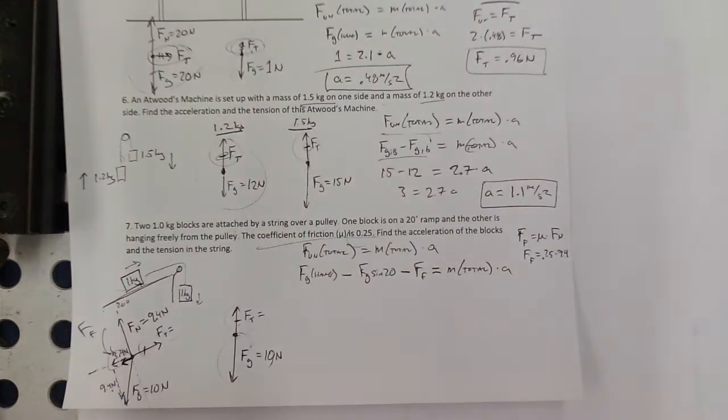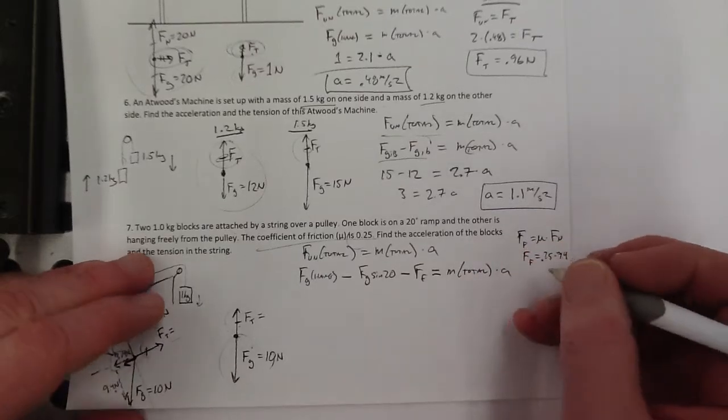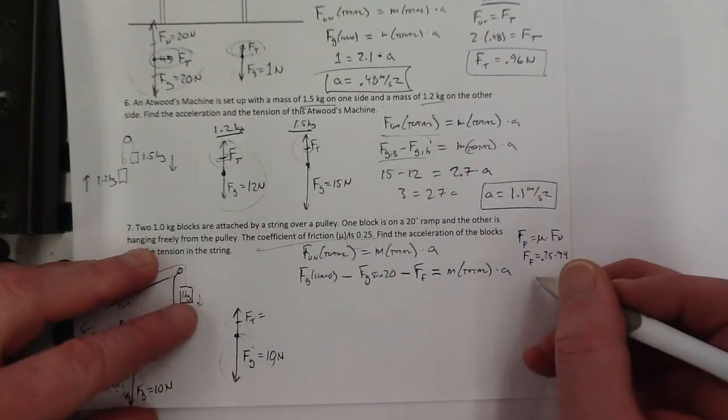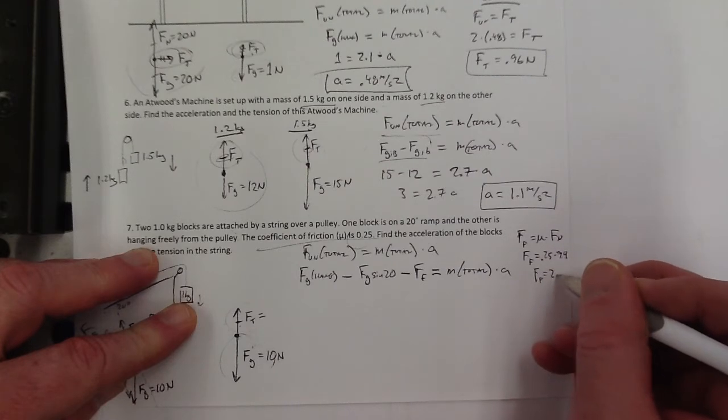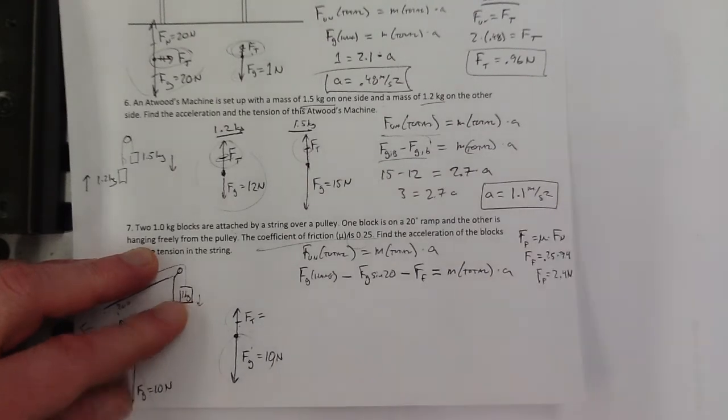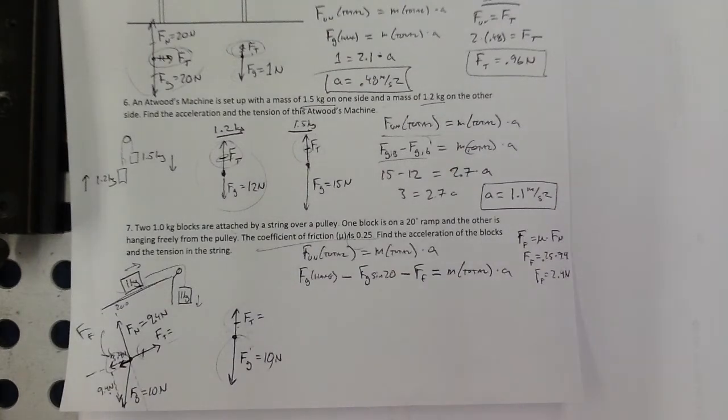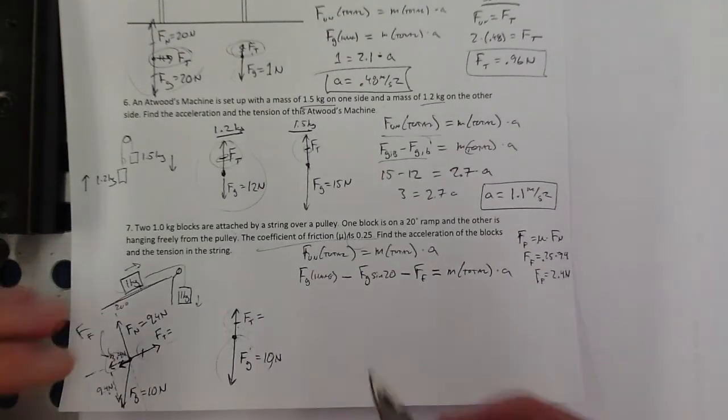Oh, I think I'm going to call it 2.4 because I'm rounding everything else to the nearest tenth. If you make different rounding decisions than me, you might get a slightly different answer, and that is just fine.